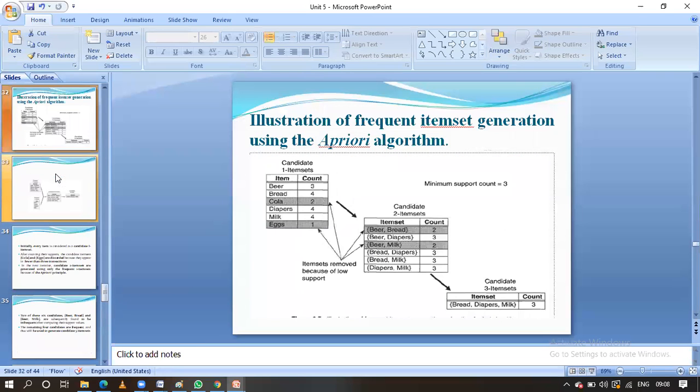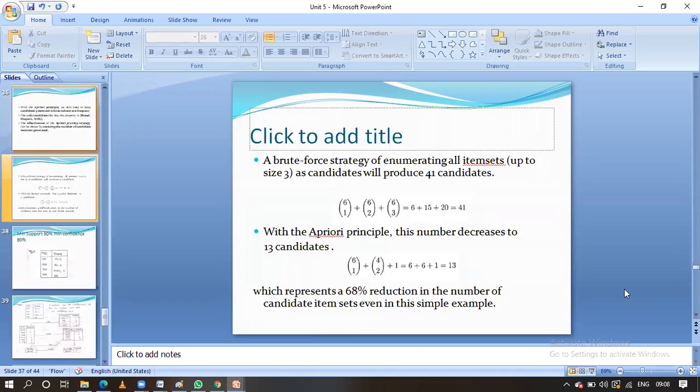In the first item set there are 6 items: beer, bread, cola, diapers, milk and eggs. In the second item set also 6, but in the third item set we have only one. In this way we have reduced it to 13.